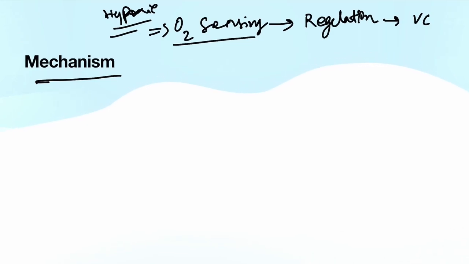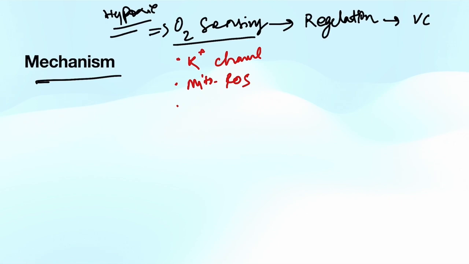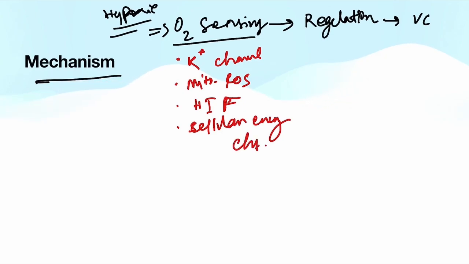So the oxygen sensing mechanism involves some potassium channel, and some theories say some mitochondrial reactive oxygen species play a definite role. Some say it's hypoxia inducible factor, and some cellular energy change, and some other theories are there.